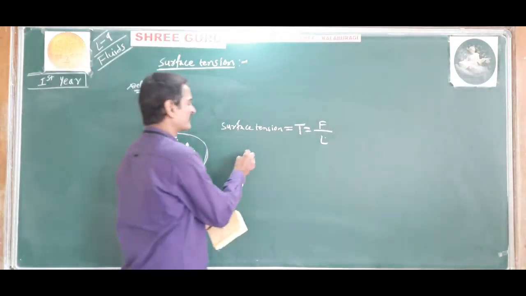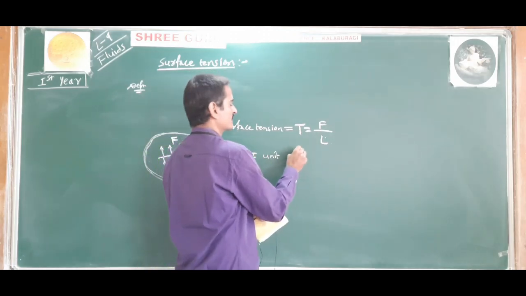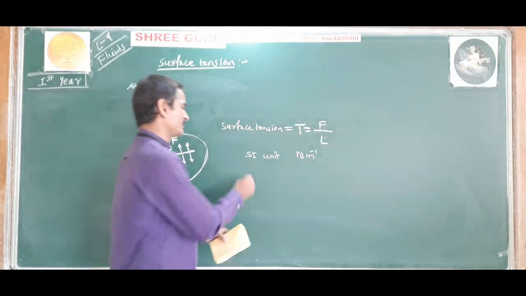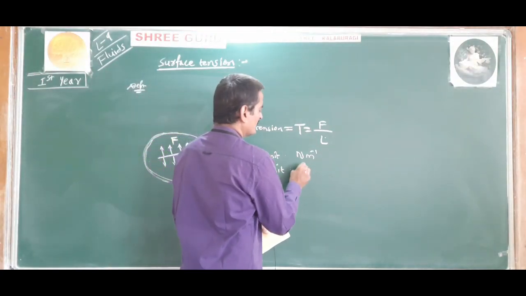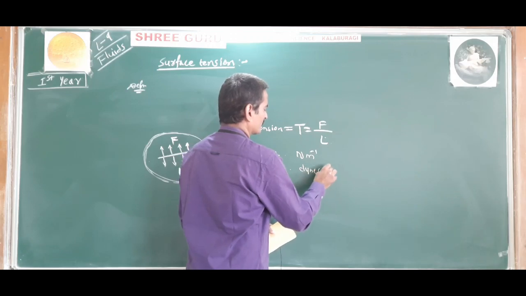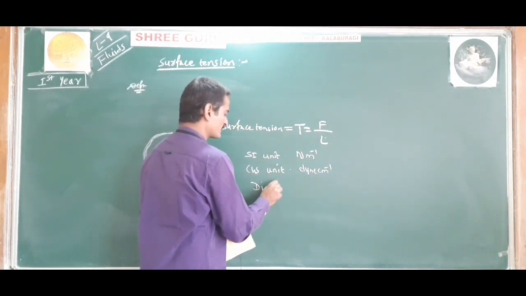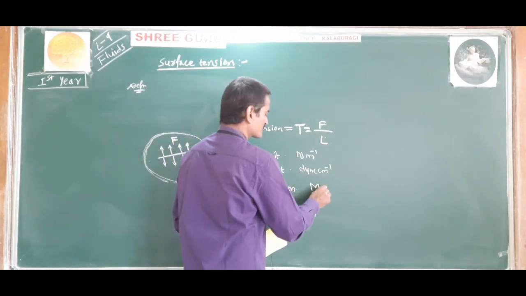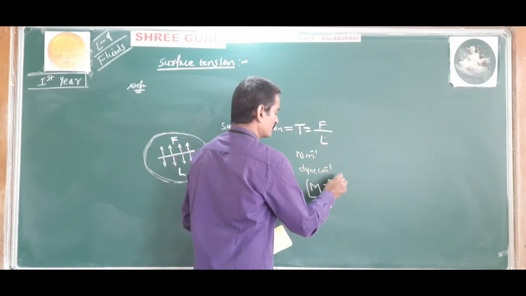The SI unit of surface tension is Newton per meter, and the CGS unit of surface tension is dyne per centimeter. And the dimension of surface tension is m raised to 1, L cancels, so you will get T raised to minus 2.